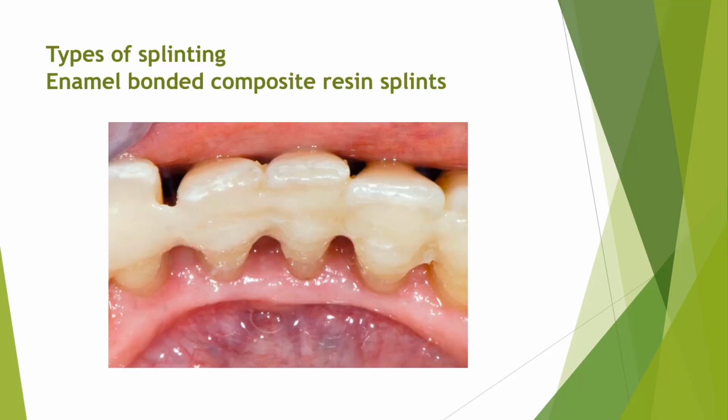Now we will talk about types of splinting. The first method for splinting is the enamel bonded composite resin splint. The first method for stabilization of dentoalveolar fracture is by using the composite resin material.